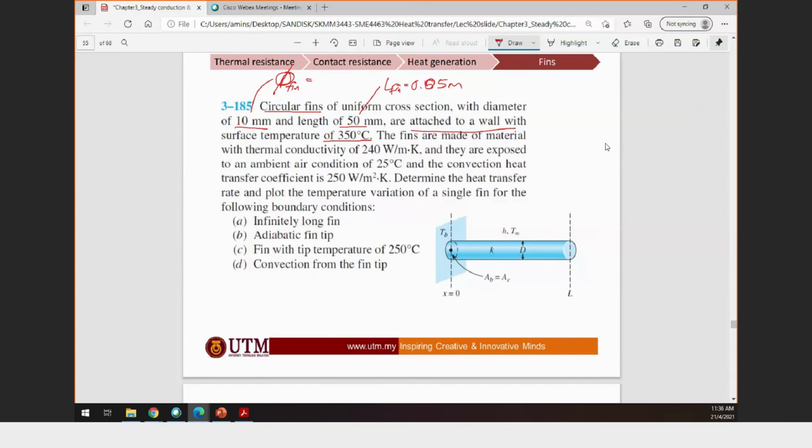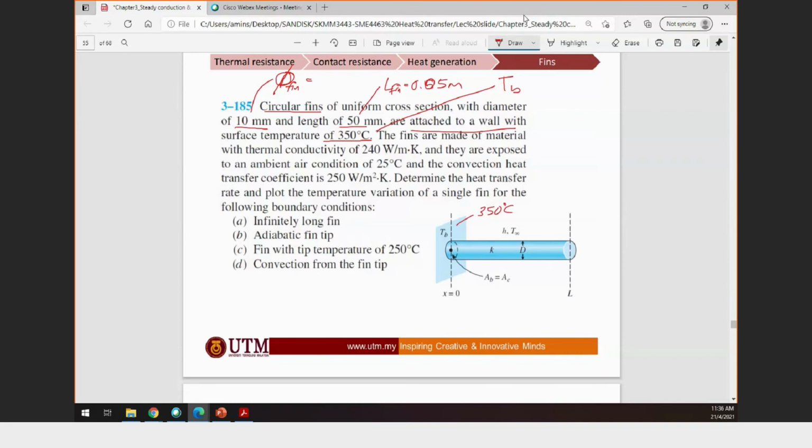So this is the diameter of the fin, and the length is 0.05 meter. This means this is the base temperature, because it is the temperature at the surface of the wall.